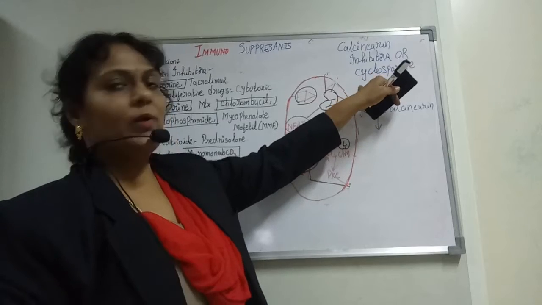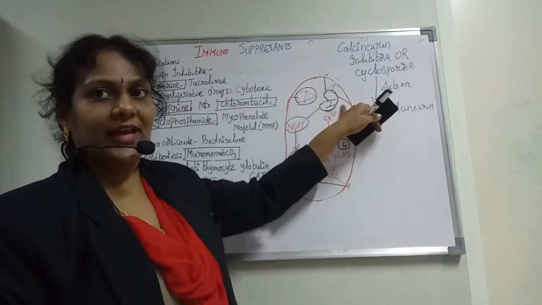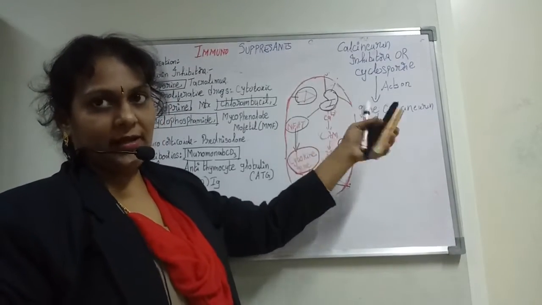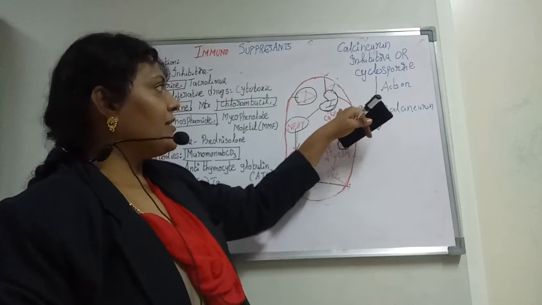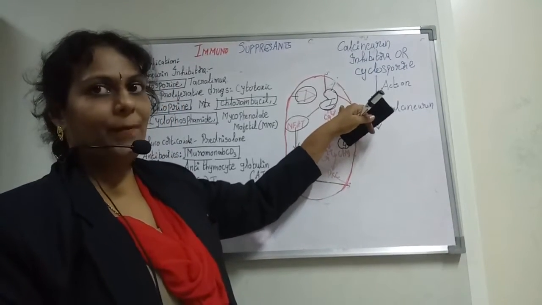Now I am representing cyclosporin here, and as I told you, it is acting on the calcineurin gene where the antigen has been collected and is absorbed into the T cell. According to this, we can understand that it is inhibiting this particular part.